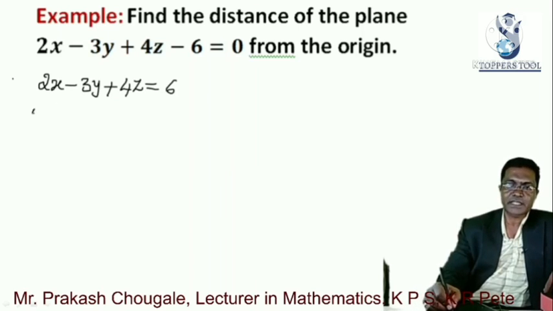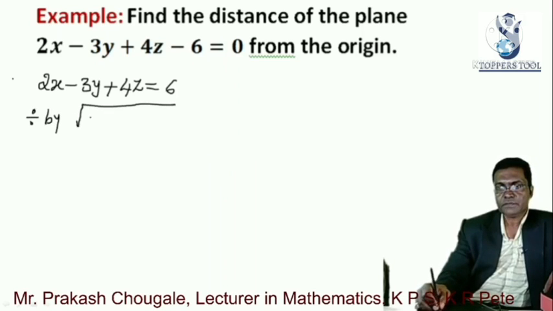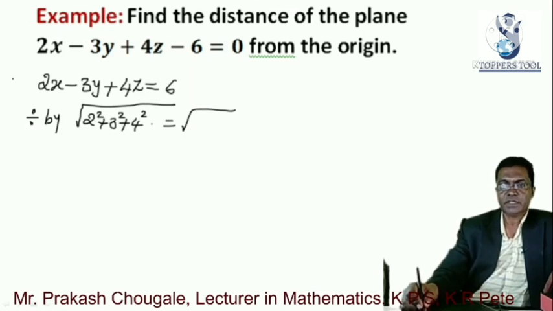And as I said, divide by the square root of 2 square plus 3 square plus 4 square. So what will you get? 4 plus 9 plus 16, it is 29.